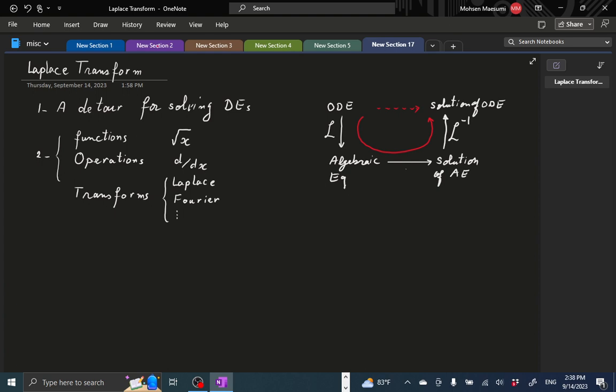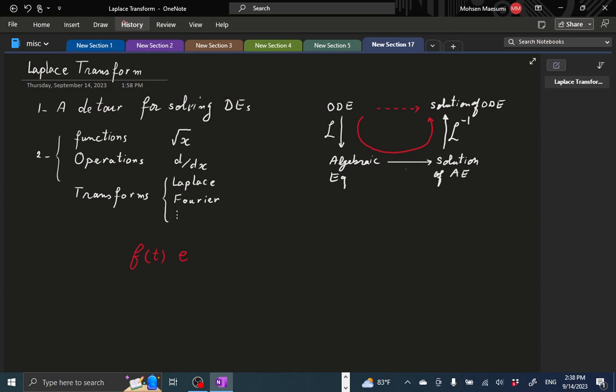So after all this general talk, what is a Laplace transform? Laplace transform is defined for certain type of functions. So we have a function f that is pretty much all the time a function of time. We multiply it by a special kind of function. We call that kernel.